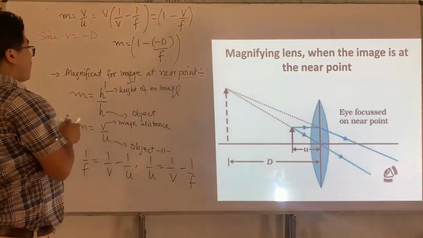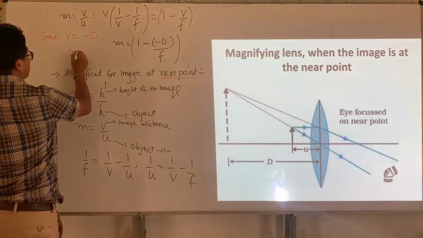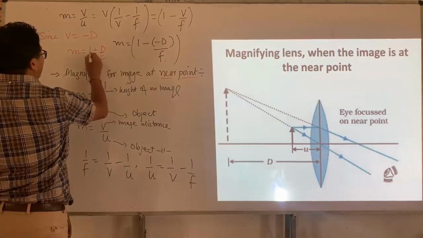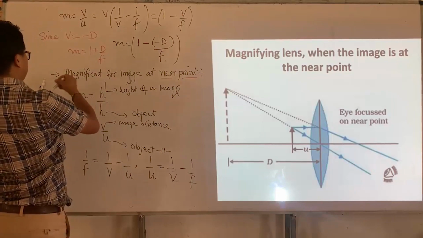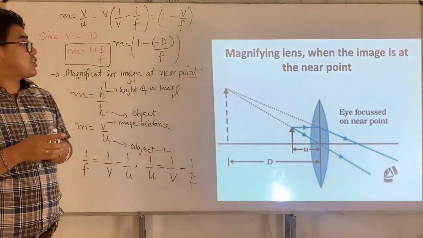So finally what I get is, I'm going to write using red pen, 1 plus d by f. This is the answer. So this is the magnification.